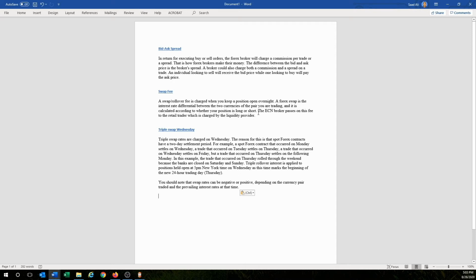ECN brokers pass their fees to the retail trader, which is charged by the liquidity provider. So I want you to know that swap fees are interest rate fees. We're trading money, we're borrowing money. You have to pay interest on those, and they're small interest because we're placing fairly small trades, but someone has to pay that interest. And again, the broker is not making money off these swap fees.